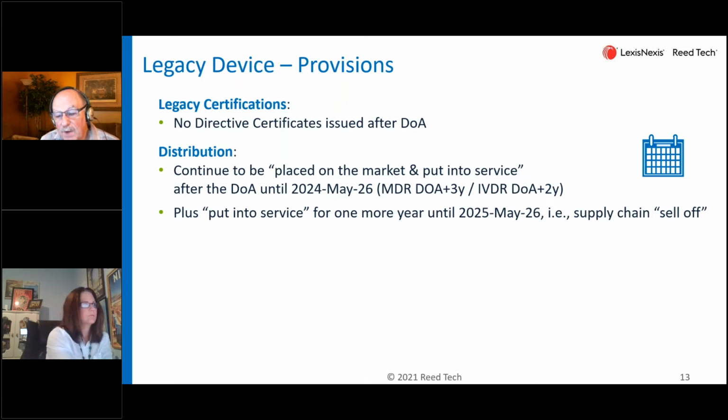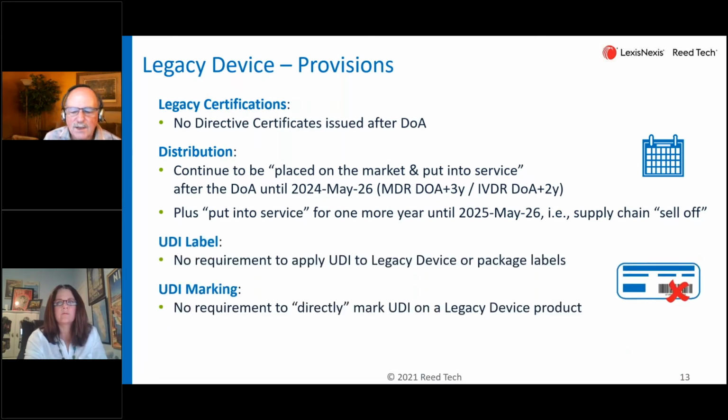So after the year expires, though, now it's no longer able to be used. It either has to be scrapped or returned for a requalification, quote, remanufacture or something. But you do have the 1 year to clean out the inventory. So that's what the supply chain is all about.